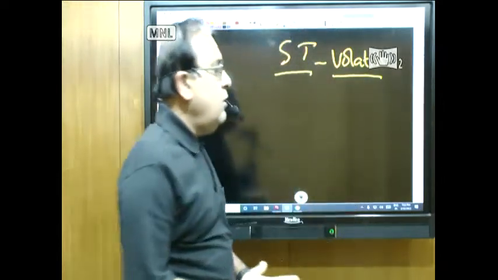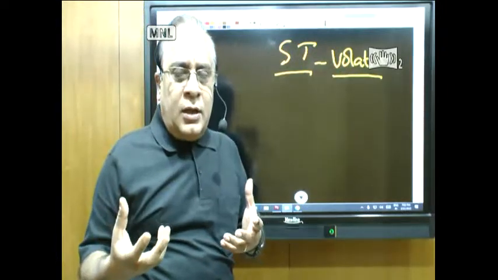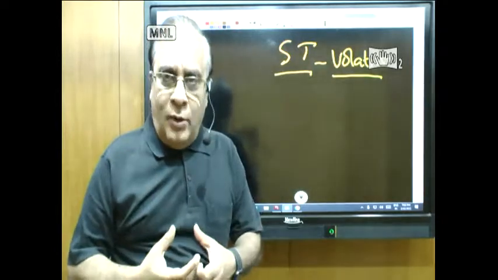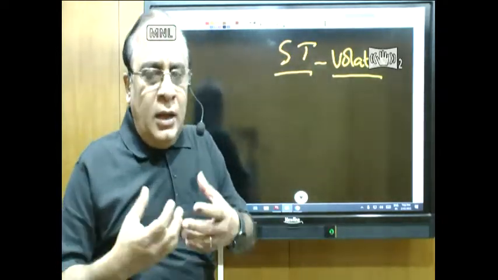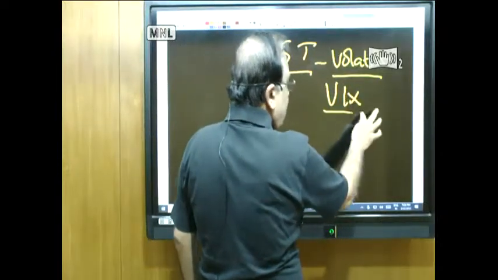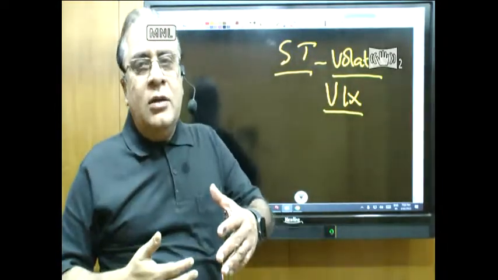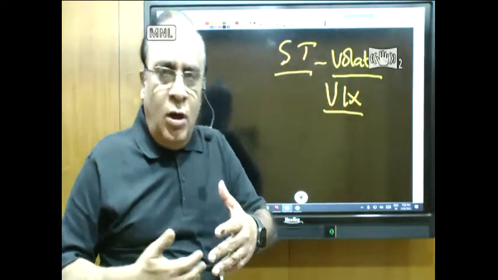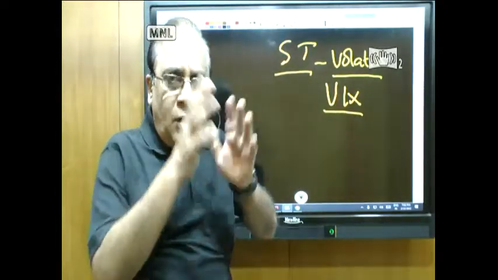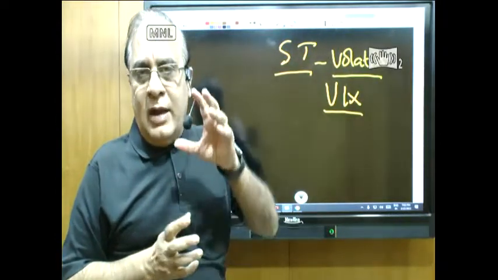Now, how do you measure the volatility? The basic information that is available to us on volatility is normally through the option route, and in NSE they publish what is called the VIX. It is a volatility index compiled from option premiums of in the money, out of the money calls and puts, so it gives a composite volatility.